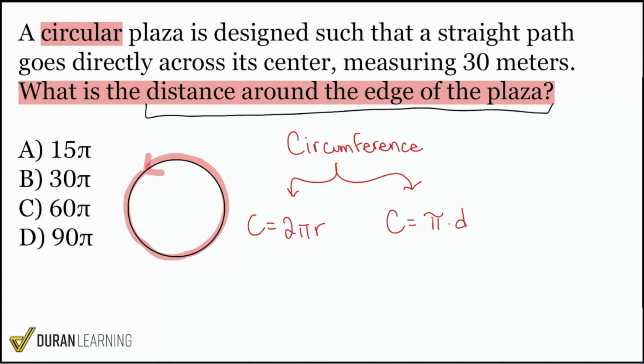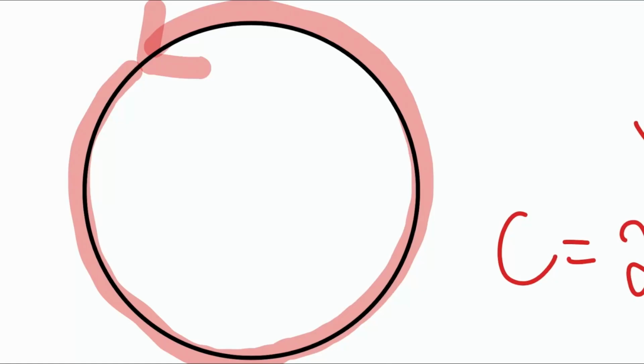It goes directly across its center, a straight path directly across the center. Let me see if I can draw what that might look like. Let me zoom in over here. Let's say this is my center, and I'm going to draw a straight path that goes directly across the center on that plaza. Everybody, what does it sound like I just drew?